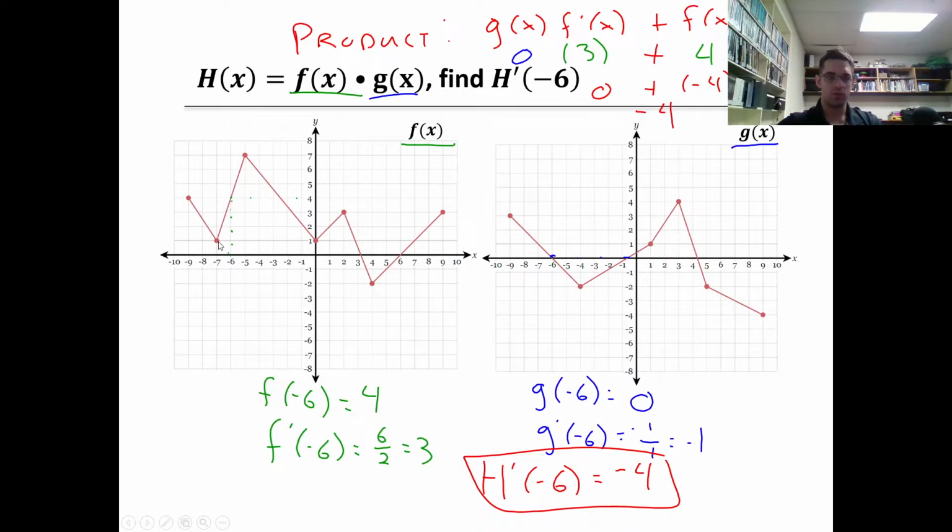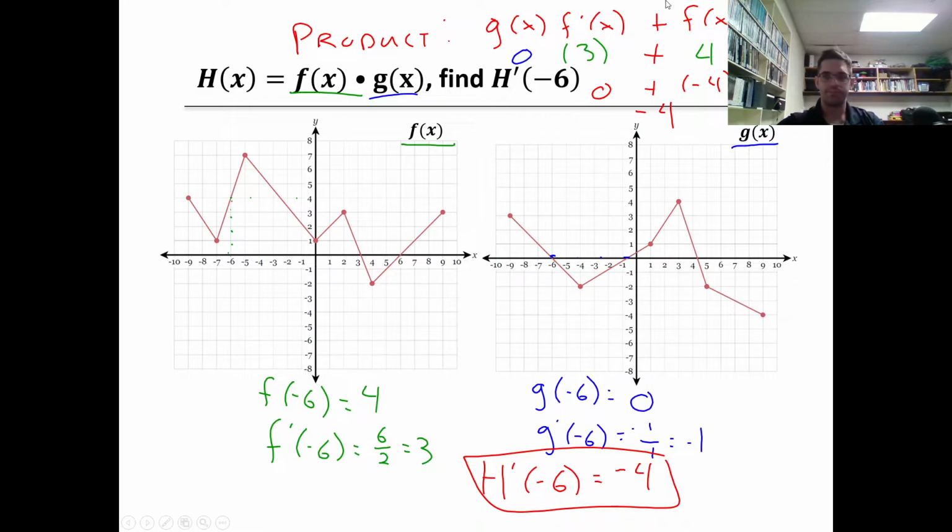So we can see we go from negative 7 to negative 6, we go up 3. So up 3, right 1 is the slope of our line at negative 6. So we can say that f prime of negative 6 is up 3, right 1, or 3 over 1, which is just 3.